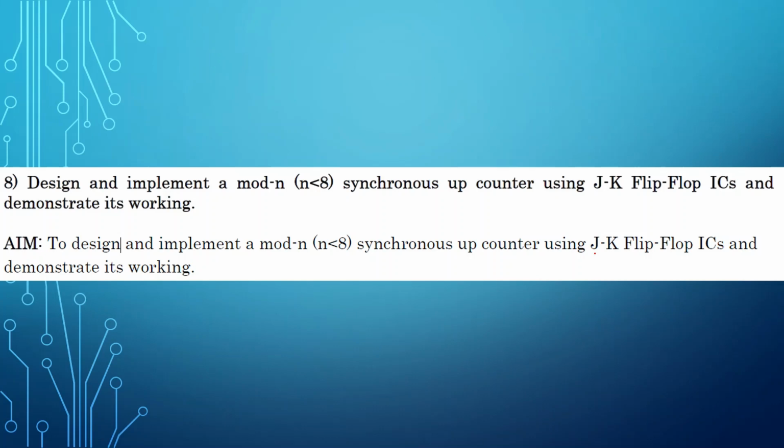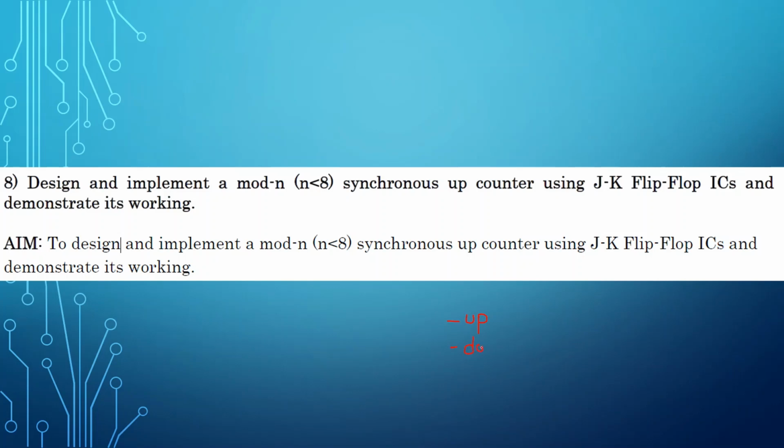Coming to the theory part of the counters, counters are devices which count the clock pulses that are fed to that particular circuit. It may be a clock pulse or it may be any sequence that will be counted. I can categorize counters into up counters and down counters.